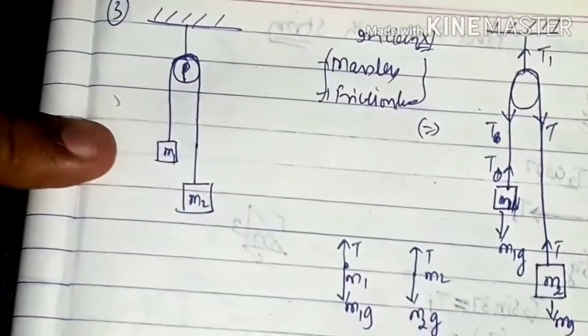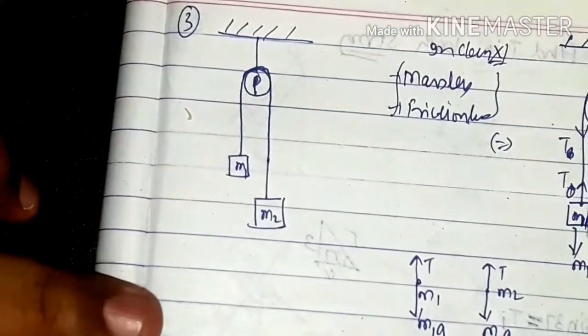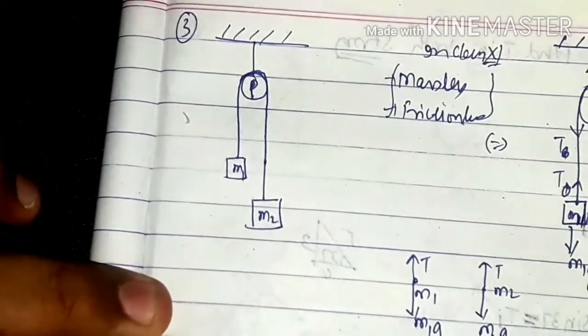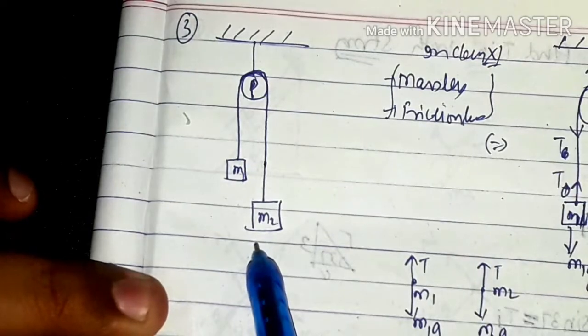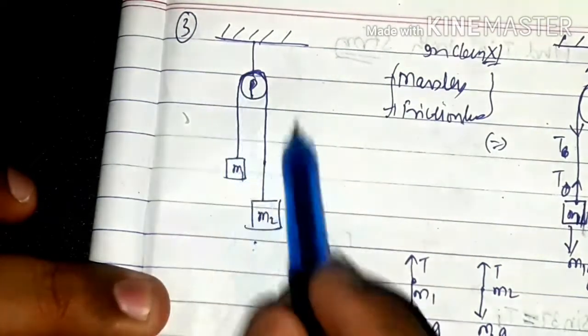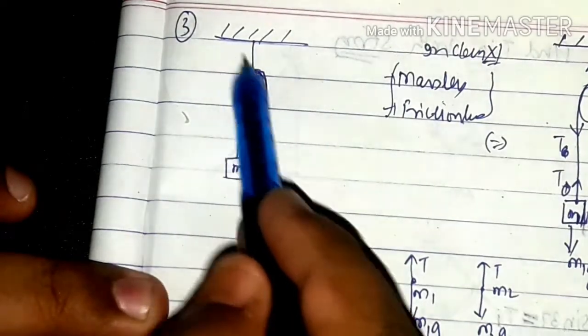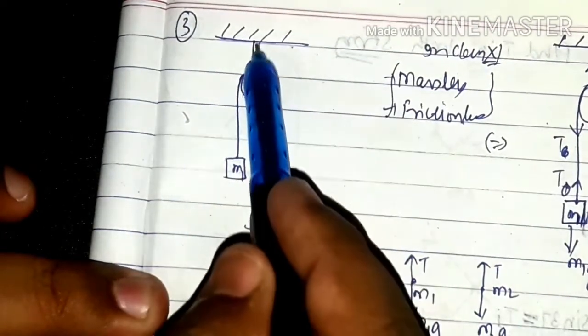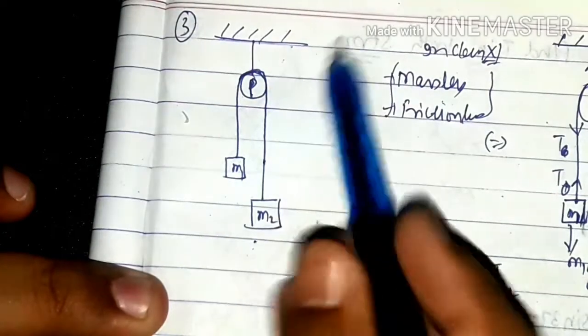Similarly, let us consider some other examples. Now come here. Let's focus on this particular object. This is called a pulley, also called an Atwood machine. This pulley is hung from a rigid support by one string, let's call it string number 1.